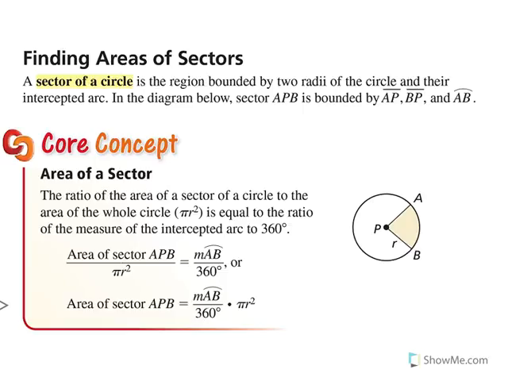You can think of it as the whole area of the circle, but we only want a part of it. It's like a piece of pie. So we can use a fraction: the measure of the arc on the outside over the total 360 degrees, multiplied by the area. That gives us the portion for that sector.